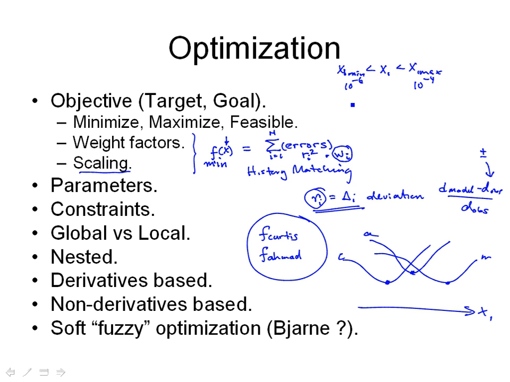I don't know what it would be. You know, CO2 concentration. I don't know, some variable. And x2 might range from 10 to the 4th to 10 to the 6th. Could be pressure in Pascal or something. Okay?